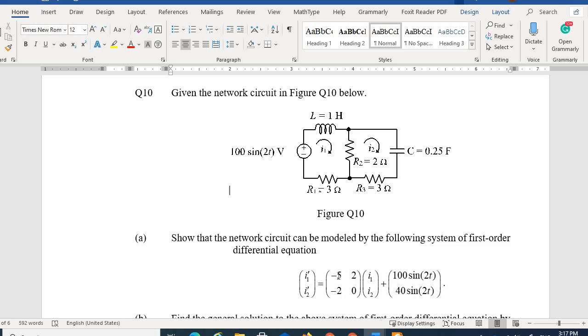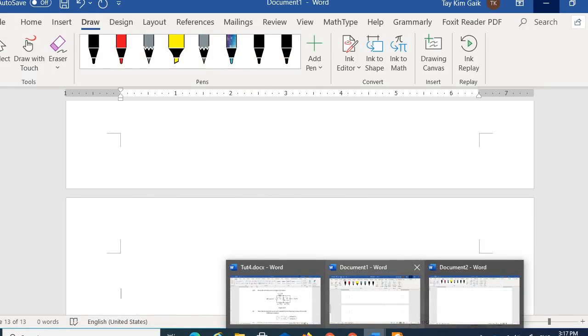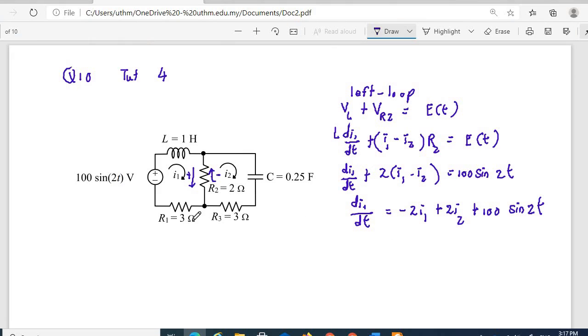The first term in the matrix, A11, is negative 5. You're right, missing one more term, which I put in red color at the bottom. R1 has only I1, because in the left loop it is only I1; only at R2 do you have I1 and I2 in opposite directions.